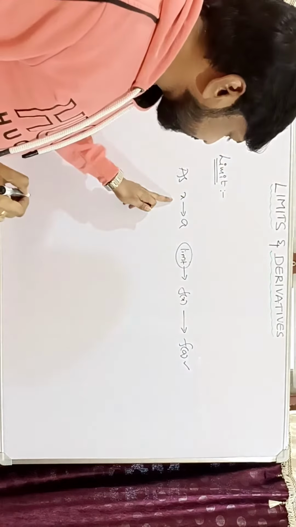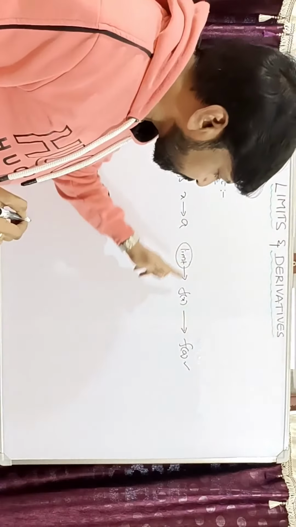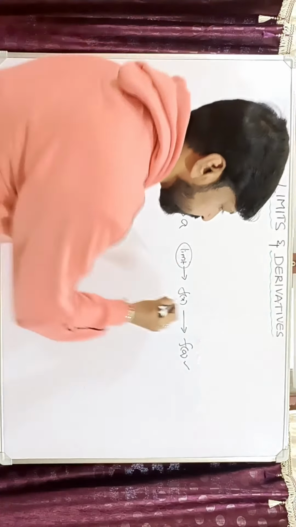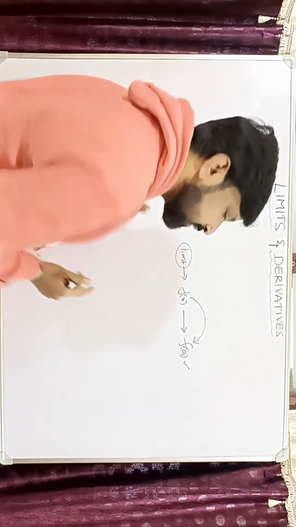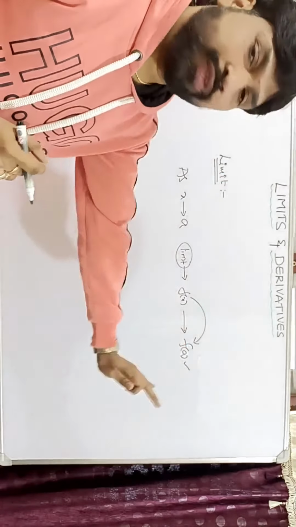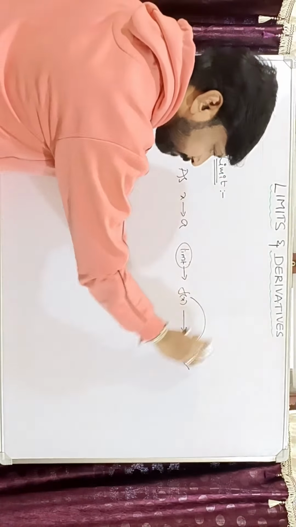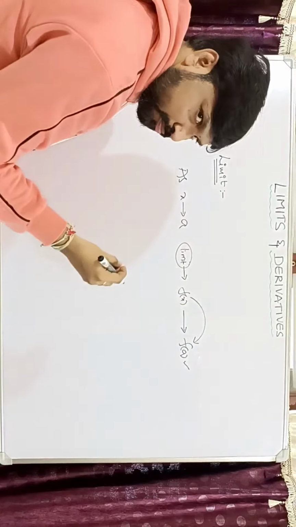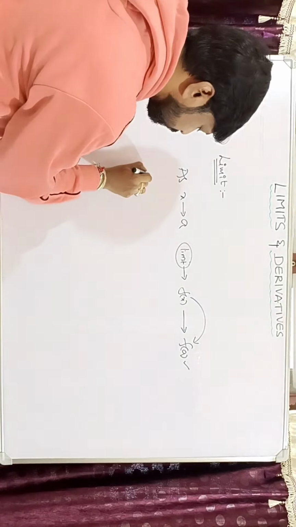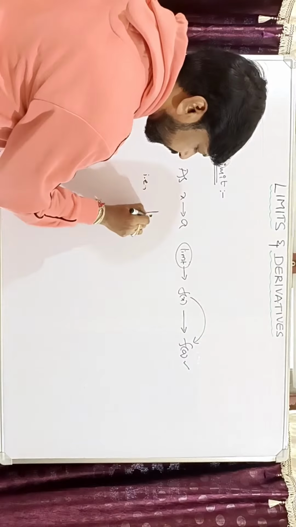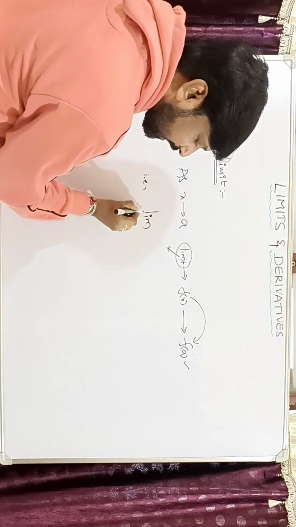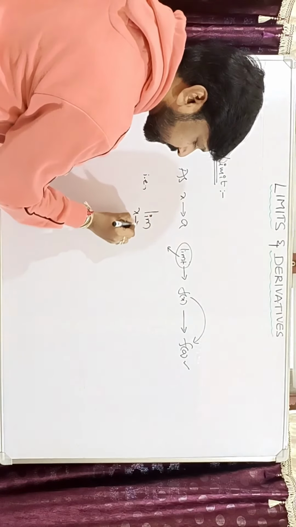So whenever x is tending to a, the function f of x changes to f of a, which is nothing but the limit of that function. What is this meaning? If you write this statement in the form of notation, we use lim x tends to a.